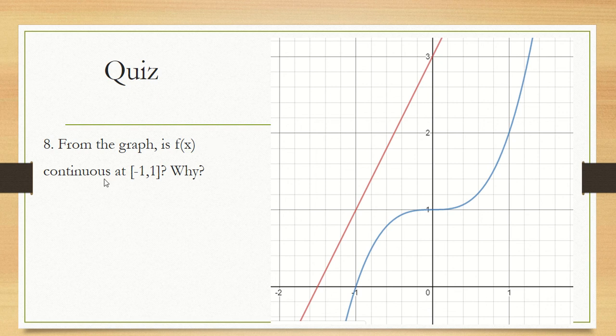If we have a continuous function, for example this one, and then from here it jumps to there, that becomes discontinuous. So this graph alone is continuous, but combining these two graphs, it becomes discontinuous.